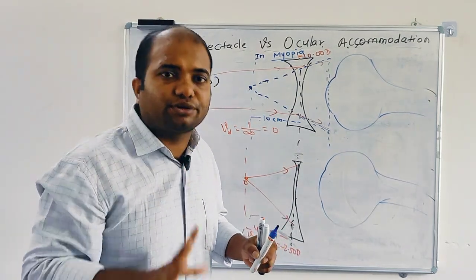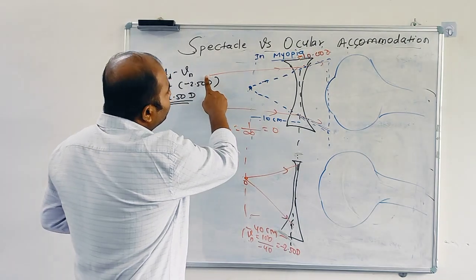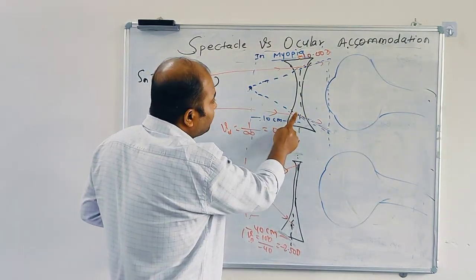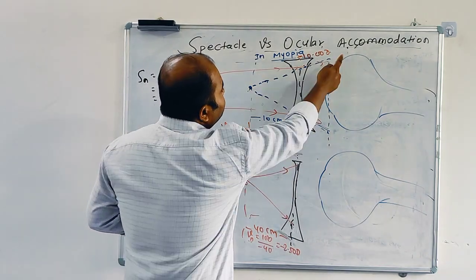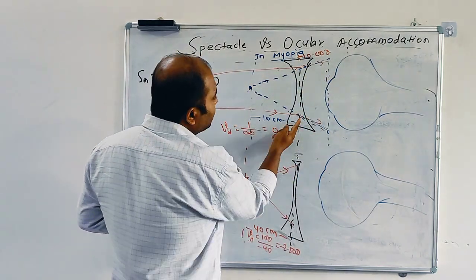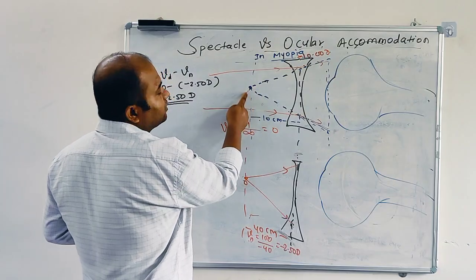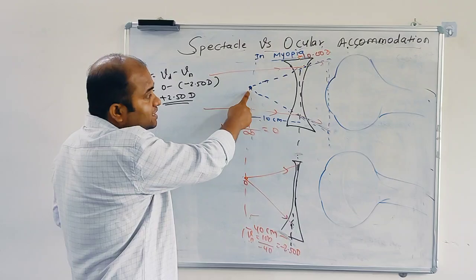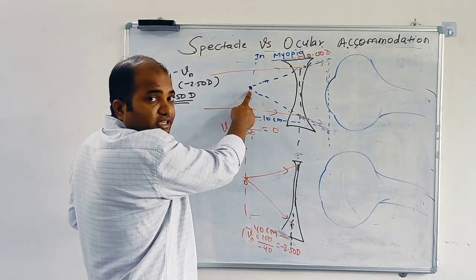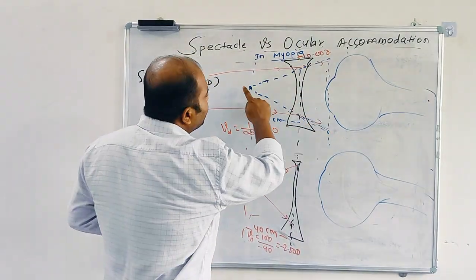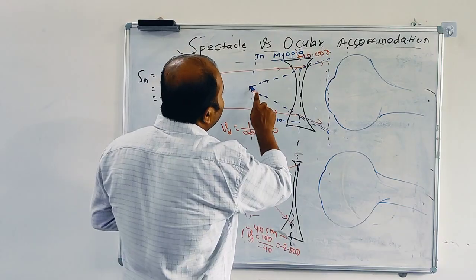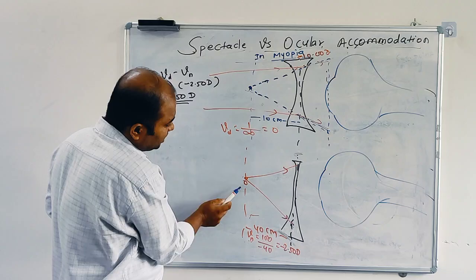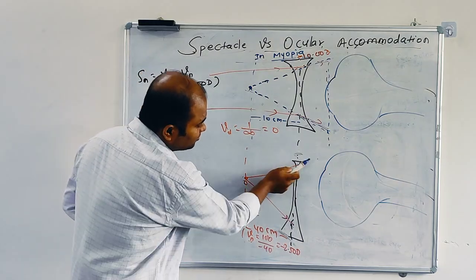It's worth repeating. When you are seeing far, parallel rays of light strike the lens, and the real light diverges, and you will get a virtual image at the far point of the eye. This virtual image acts as a virtual object for the eye, and it's assumed that light is moving in this way from this object, just as with a real object, light moving in a divergent way.